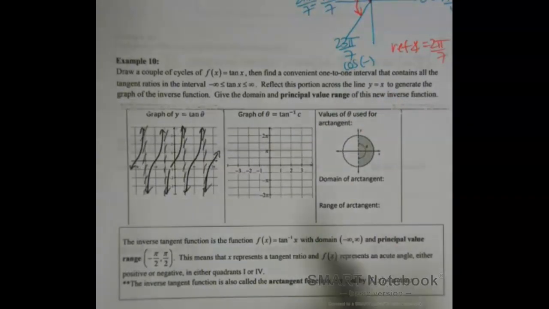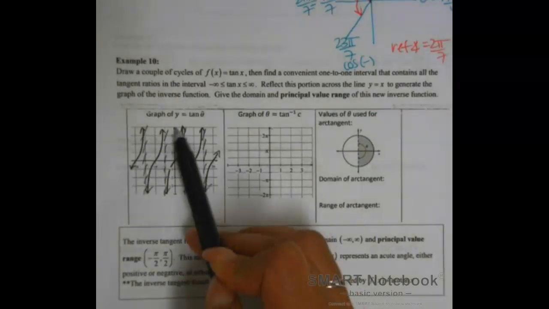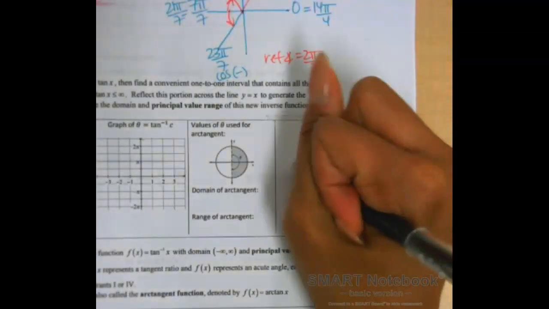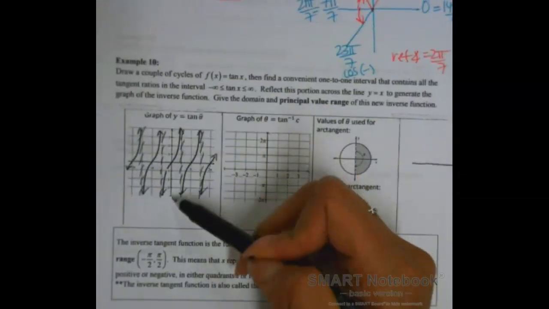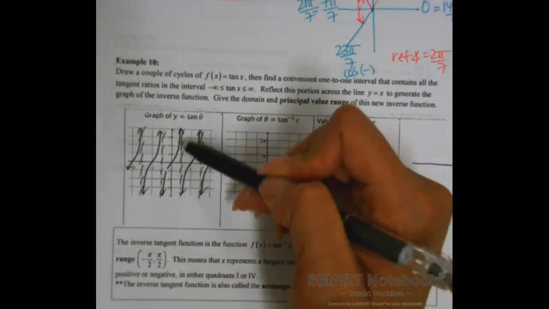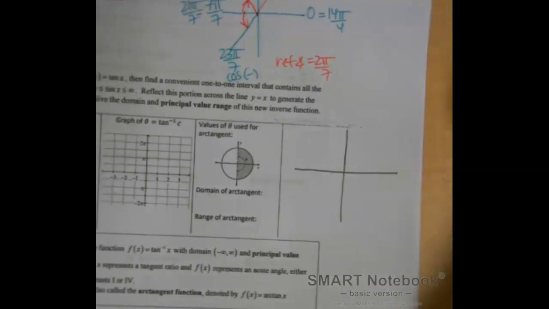Since one cycle for tangent goes from negative pi over 2 to positive pi over 2, we're going to use this middle portion here. And I'm going to recreate this on the far right-hand side. So over here, let me regraph it. Here's going to be our one-to-one interval because as of right now, it'll pass the vertical line test, but it will not pass the horizontal line test. If I just have one cycle for this, I'll be able to create a one-to-one function.